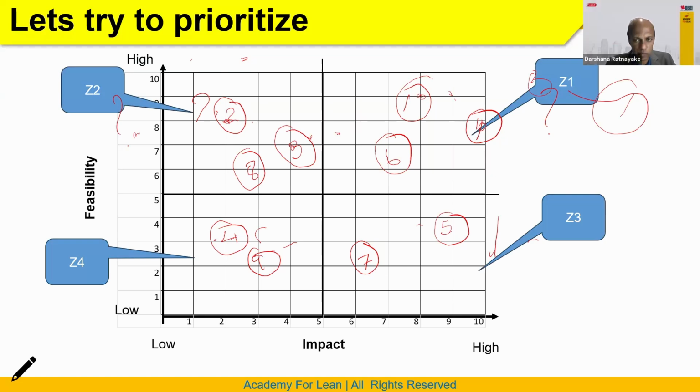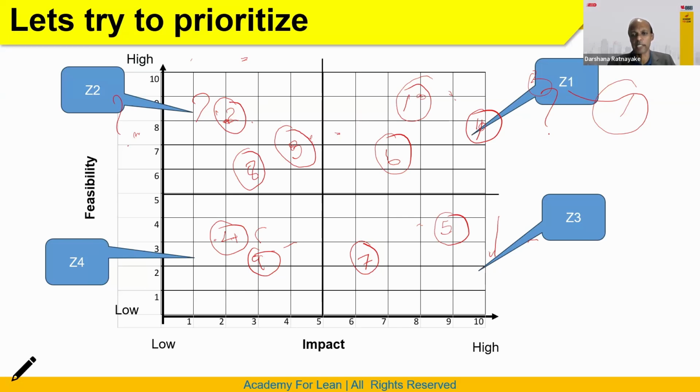Okay, so the answer for the first question, which zone we take, is zone 2. My question is, why is zone 2 taken as a second priority, not zone 3? Because zone 3 has benefit, but we are not considering it. Afsal, please go. Because the chance of failure is very low and we can achieve these benefits very easily. Feasibility is quite high, easy to do. Good answer, good answer.